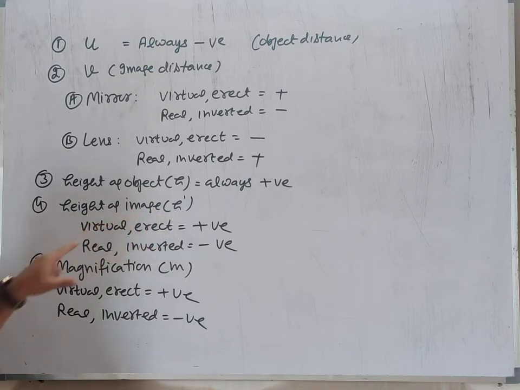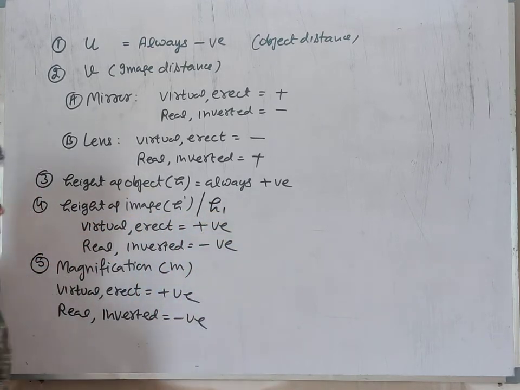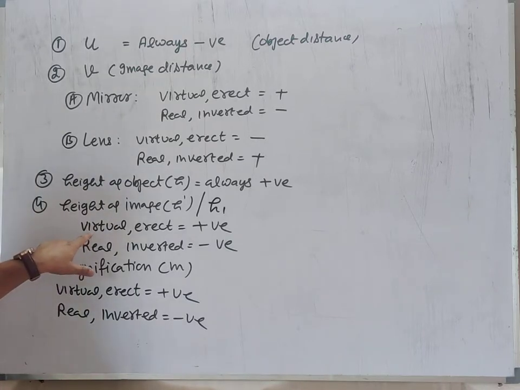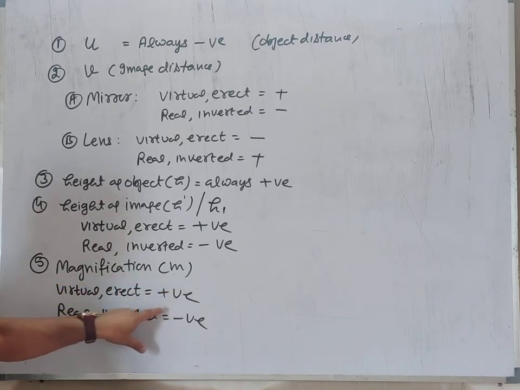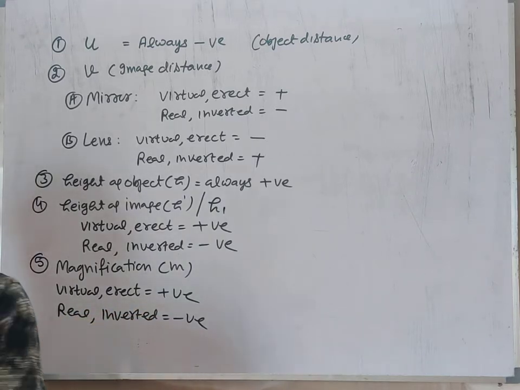Height of image, which is written h dash, or some write it as h1, is always positive for virtual or erect image whether it is lens or mirror, and negative for real image. Same with the magnification m, positive for virtual and erect image, negative for real and inverted image. So this is the first step.